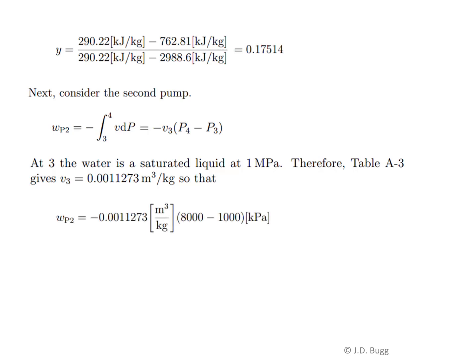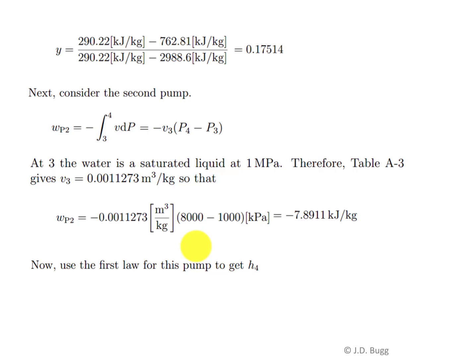So we can calculate the work from that specific volume times the change in pressure, and realize pump 2 is going from 1 megapascal up to 8 megapascals. That gives us a work of minus 7.8911 kilojoules per kilogram for pump 2.